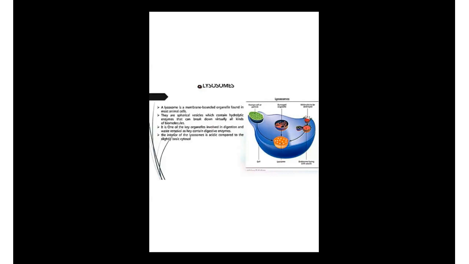It is one of the key organelles involved in digestion and waste removal, and contains digestive enzymes also. So other than defense, they also play an important role in the digestion of that foreign particle and removal of waste from the human body. The interior of lysosomes is acidic compared to the slightly basic cytosol. So the nature of lysosomes is that they contain a certain amount of acidic nature.